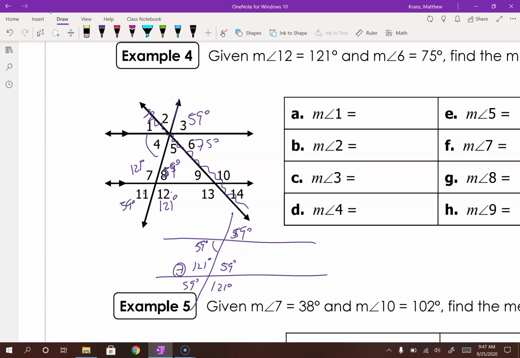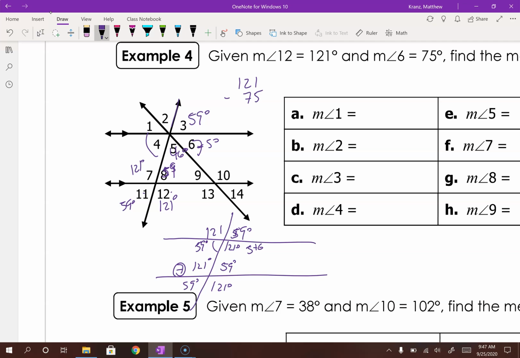But this whole angle has to be 121, but do we see how there's already a 75? This is angle 5 and 6 put together. So, because this whole thing is 121, I have to take 121 minus 75. So that gives me 46 degrees for angle 5. And then this one is 121.